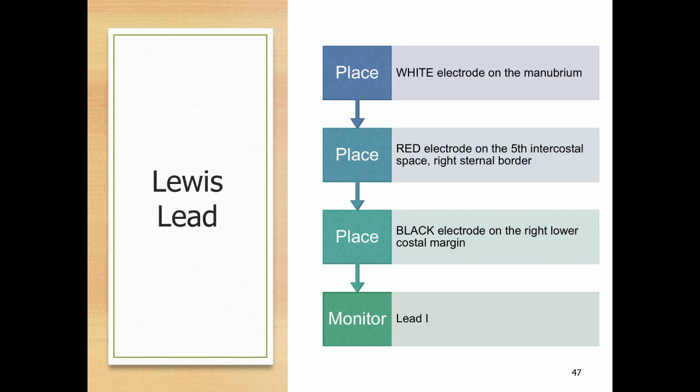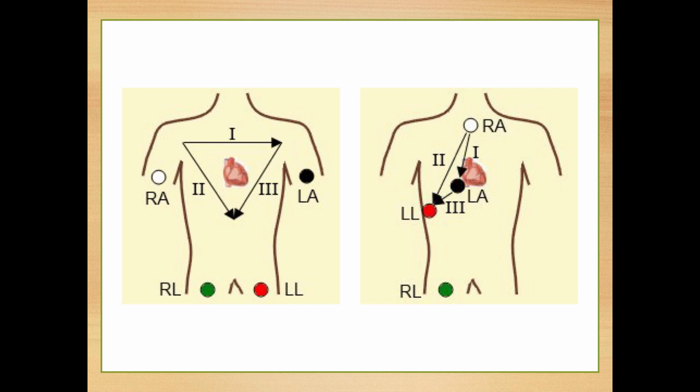And then our black electrode is going to go on the right lower costal margin. So we're going to replace our 3 lead, our red, white, and black leads, and then we're going to turn our monitor to lead 1, and that's going to be our Lewis lead.